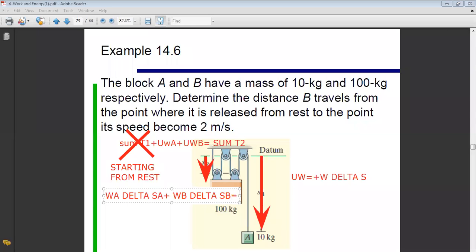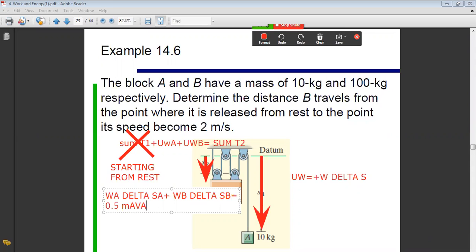equals, at the final state, the sum of kinetic energies. So we have half times mass of A times velocity of A at state 2 squared, plus half m_B times velocity at state 2 of B squared.